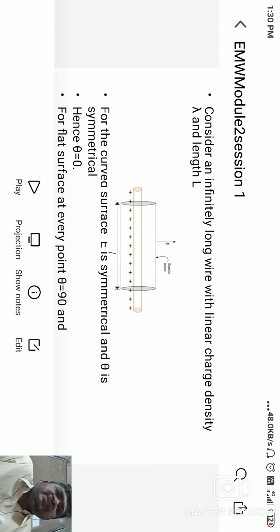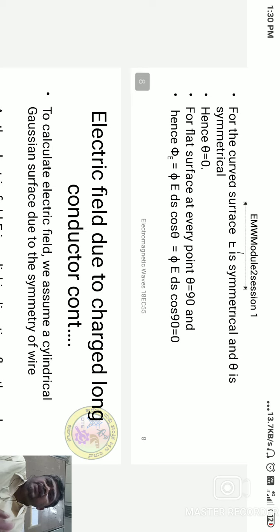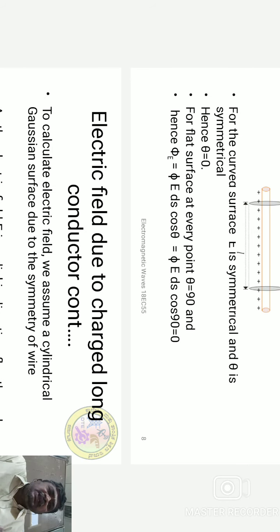Lambda is also called the linear charge density. Sometimes it can be replaced with rho, but here I have used lambda. So lambda is the linear charge density. Now for the flat surface, at every point theta will be 90 degrees, because for the flat surface the area vector is perpendicular and the electric field is in this direction.